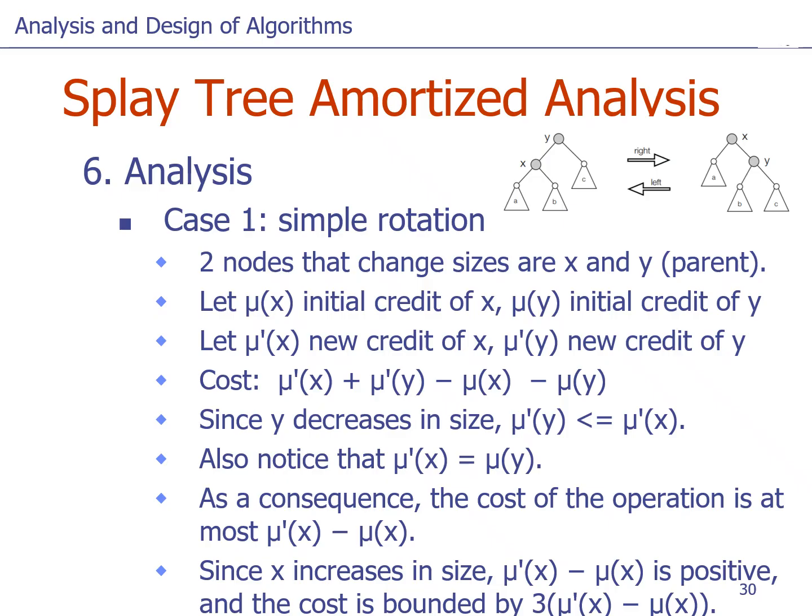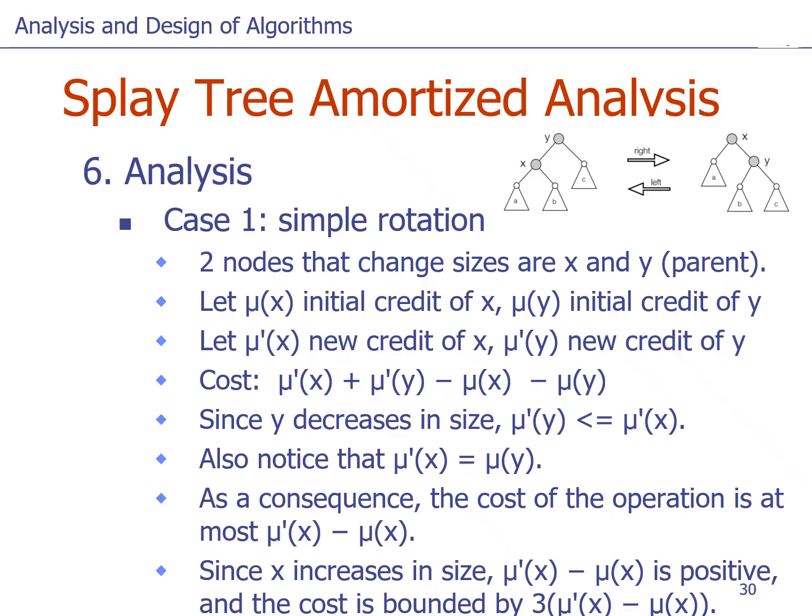Okay? Now, since x increases in height, mu dash x minus mu x must be a positive value, or in other words, a positive bank balance, because I have just pushed x upward, and when I push x upward, I actually made the whole tree underneath it, so there are more elements now than before, so the bank balance must have increased. Okay?